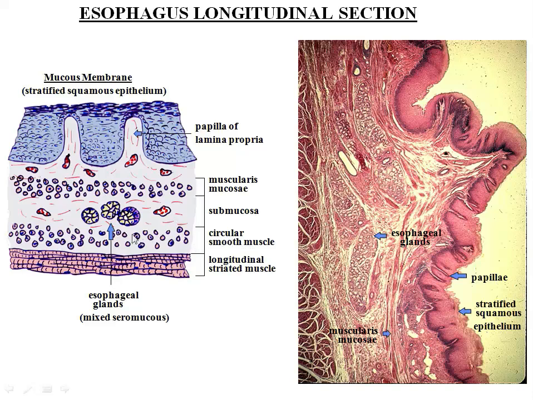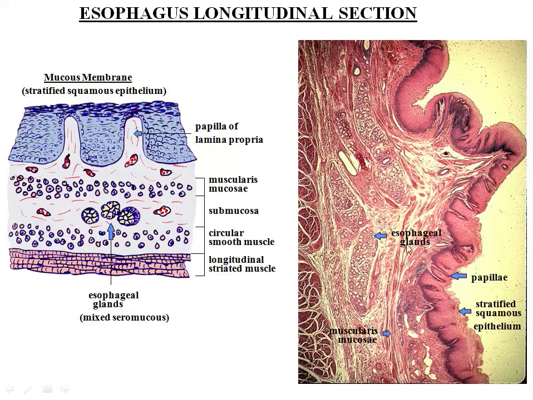Thereafter is a circular smooth muscle layer and a longitudinal striated muscle. So here you can see the presence of this cut portion, and this portion is the longitudinal and circular layer. Then these are the esophageal glands present in that submucosa portion. This is the muscularis portion.